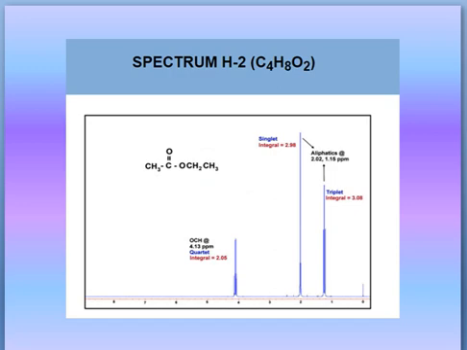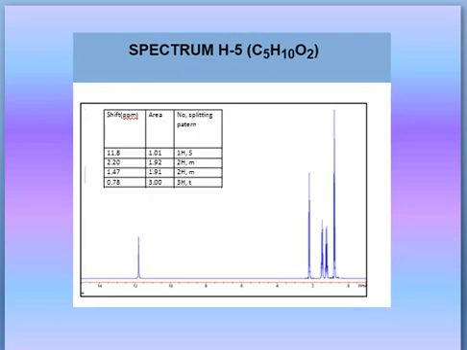Let's see another problem. This is the spectra of C5H10O2. See the values here once again. 1.92 is a peak, the chemical shift is 2.20, and 1.17, and this is 0.78 and 3.